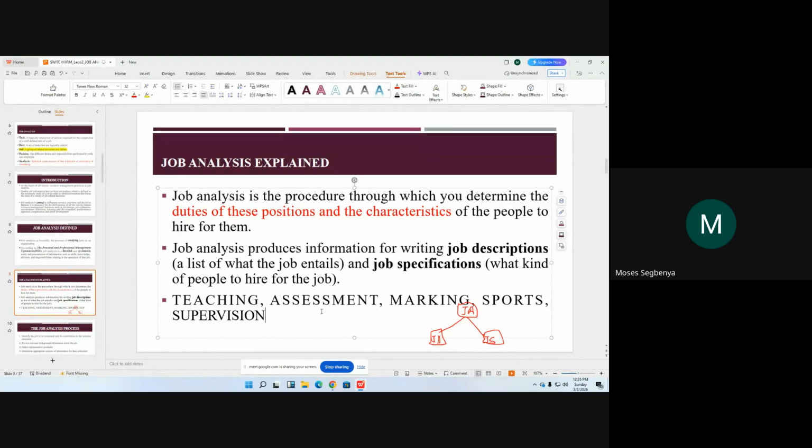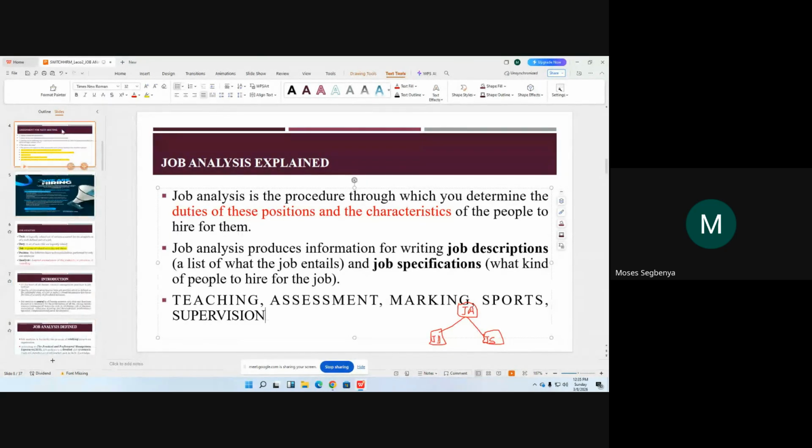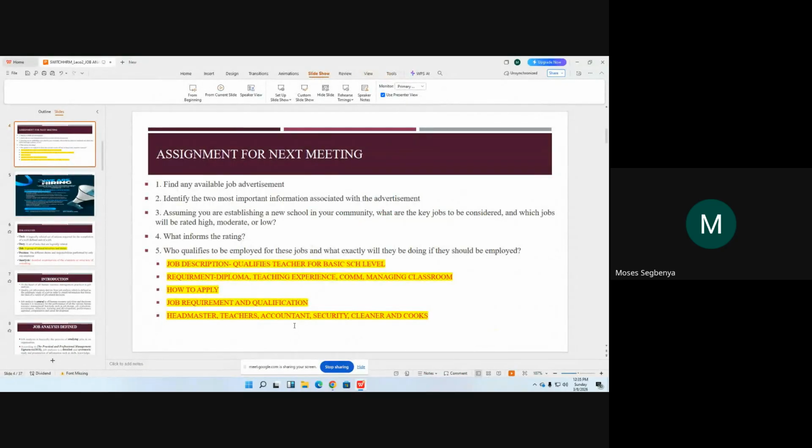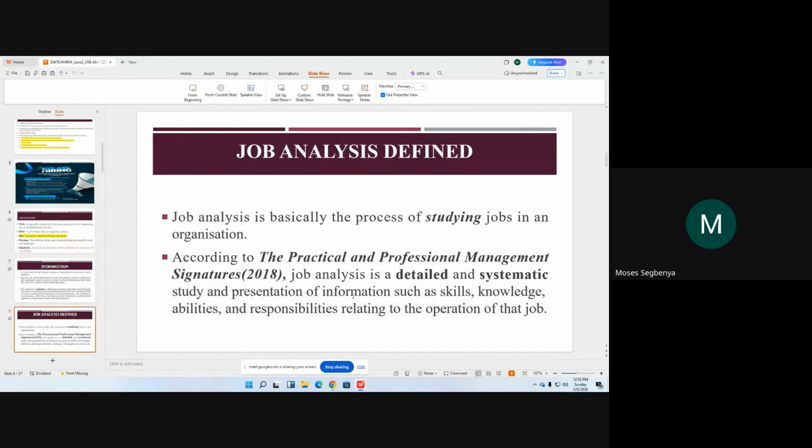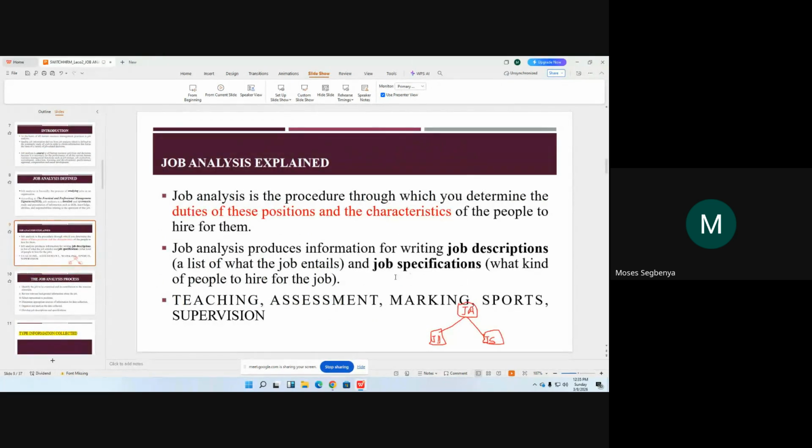It's not thoroughly done. Okay, let's look at the one our brother gave us. What do I need to become a teacher? In terms of the job specification, what human factors or what human perspective of the job do I need to be able to take up the class teacher position at the basic school?